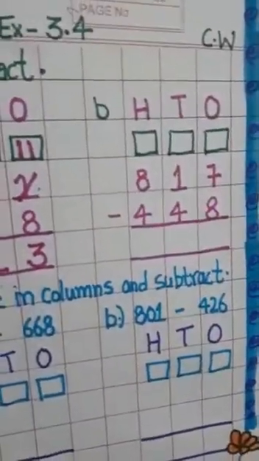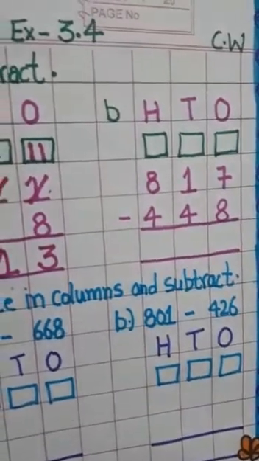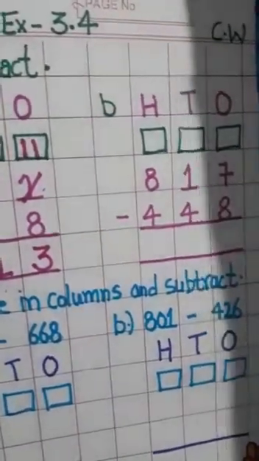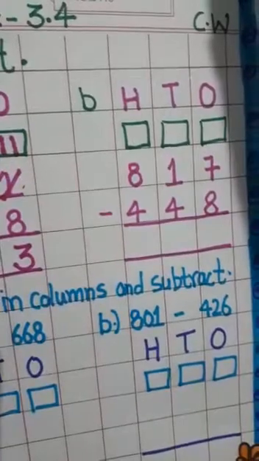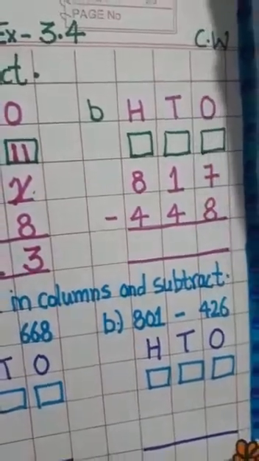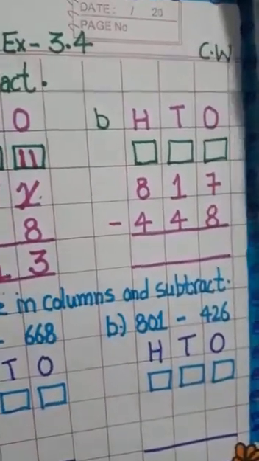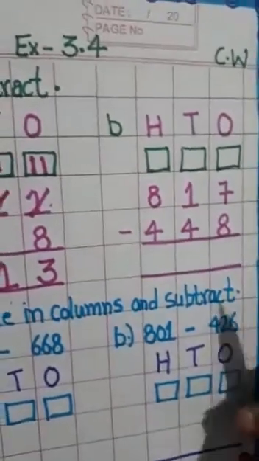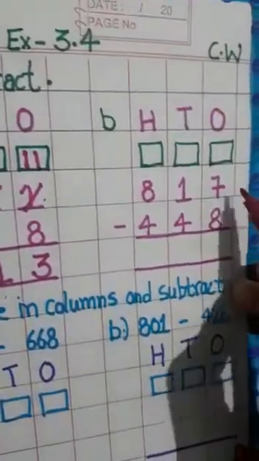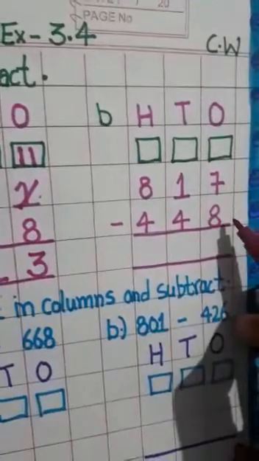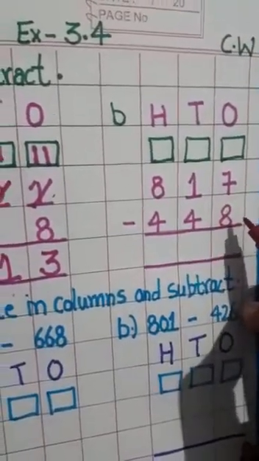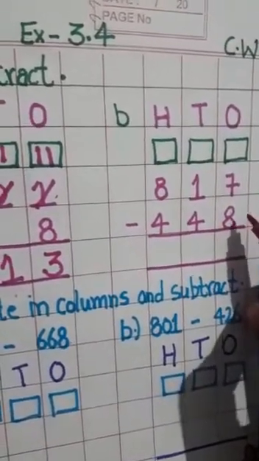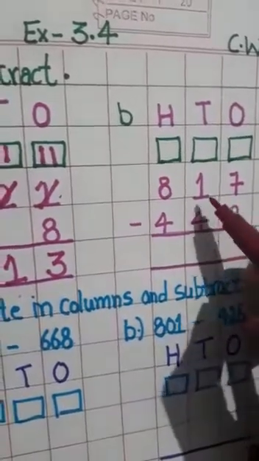Here it is given 817 and we have to subtract 448. The same problem we are facing here. We cannot subtract 8 from 7. Why? Because 7 is smaller than 8. So what will we do? We will take one borrow from our neighbor.